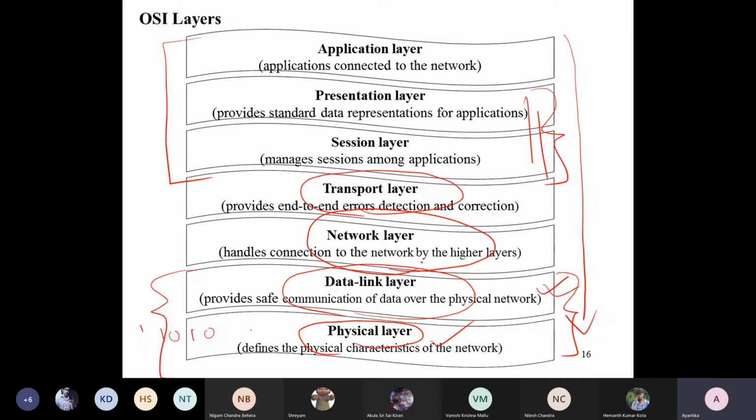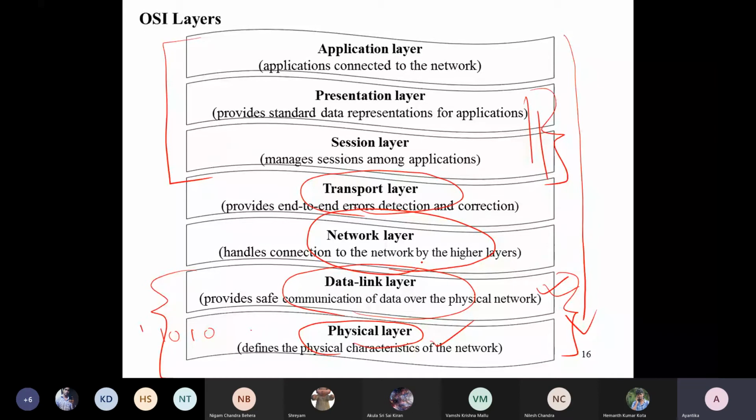It will not tell me how my data will be segmented based on some application. That is the functionality of some other layer. But when I specify a particular protocol or algorithm for a particular layer, it delivers the main objective of that layer.